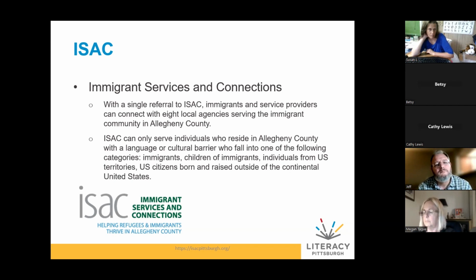And there are many other organizations that are a part of ISAAC to help with pretty much anything that a student could need, such as food, housing, legal help, immigration, finding community, school supplies for their children, anything that they might need, we can help through ISAAC.